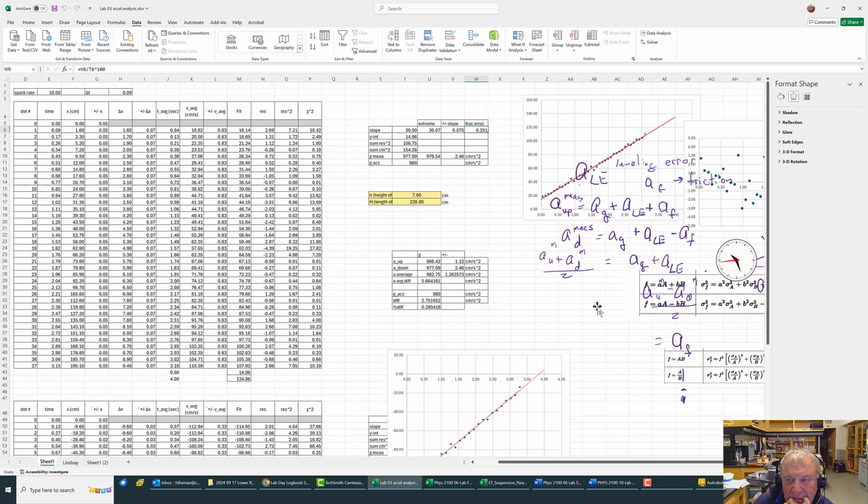And I might yet have made a mistake here, but yeah, because friction is going to affect things in the opposite direction, but the leveling error is going to affect it.